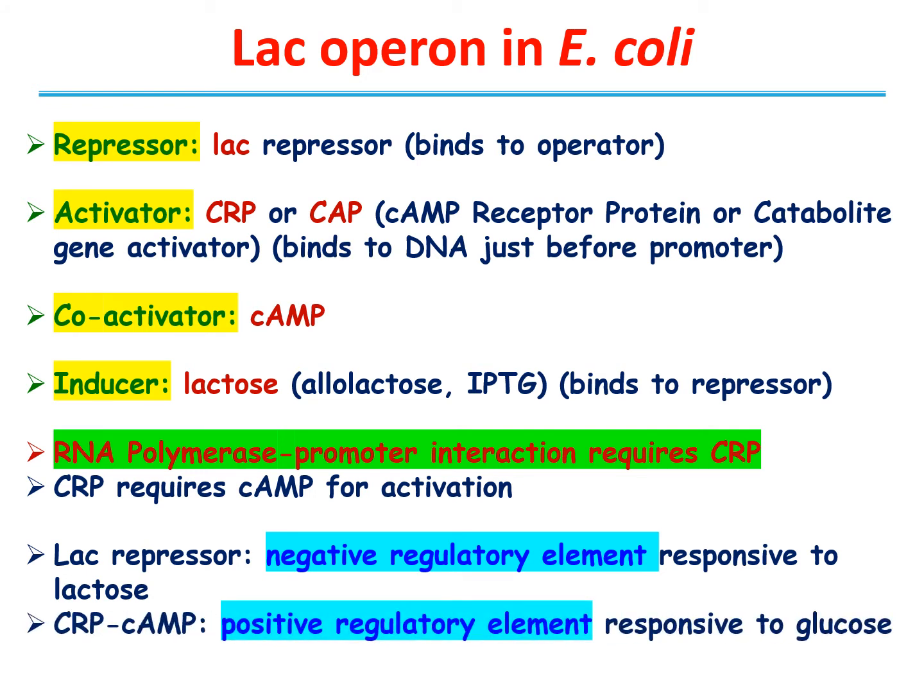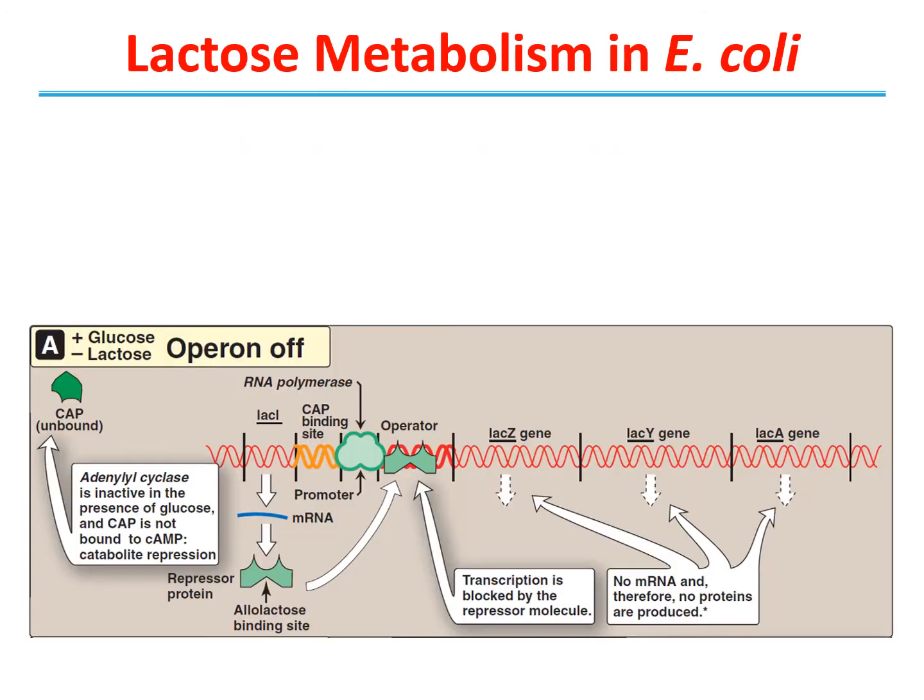The CRP-cAMP complex is a positive regulatory element. How is it positive? It is responsive to the concentration of glucose. So whether glucose is present or not will decide the presence of the active complex of CRP and cAMP. Let's now get to what exactly is happening in the lac operon.